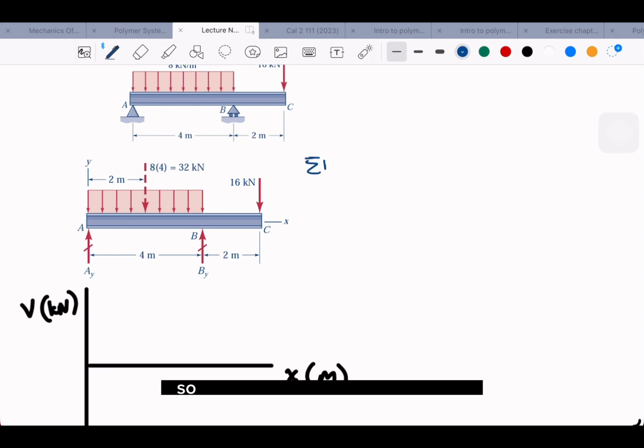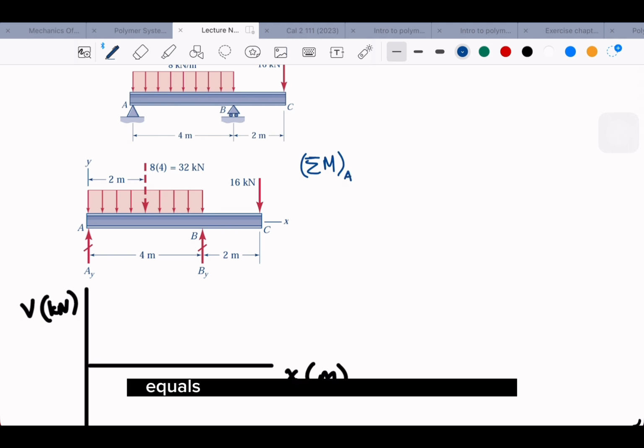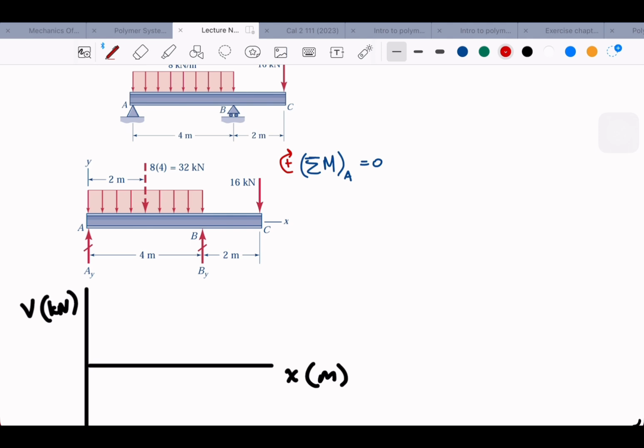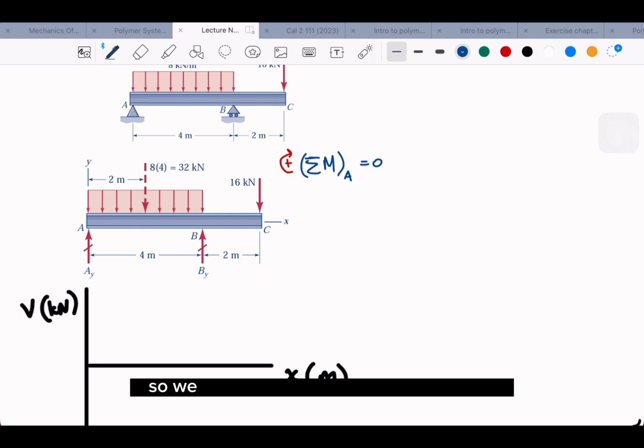Before that, maybe we start from the statics part. So take the sum of the moments about A equal to 0. Assume clockwise positive. So we take 32 multiplied by 2, right?